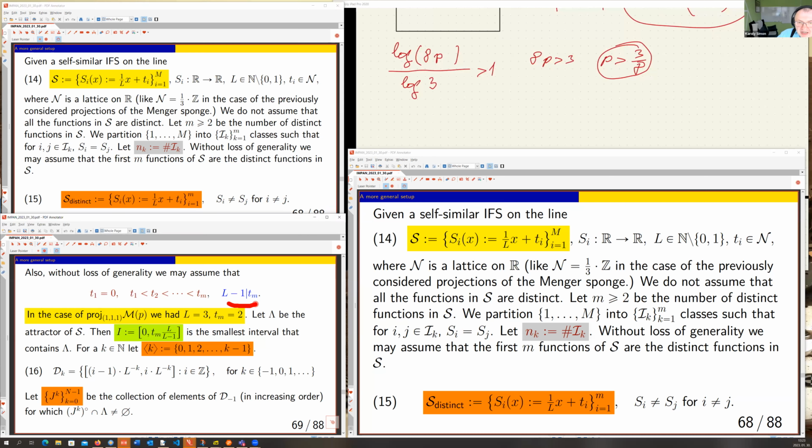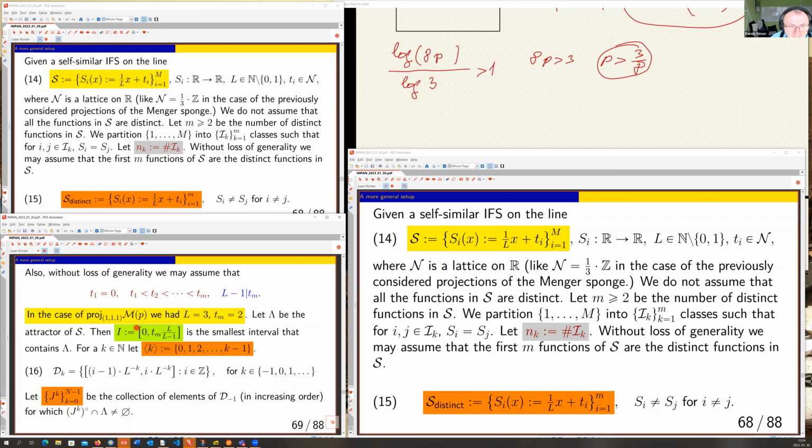And then here is a technical assumption that L is the reciprocal of the contraction, and t_m divides by L minus 1. We just rescale sufficiently, we multiply it with a number, it doesn't cause any problem.